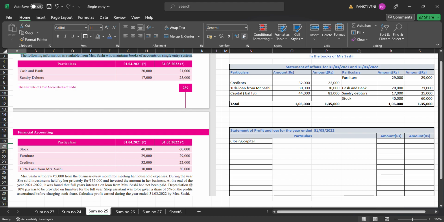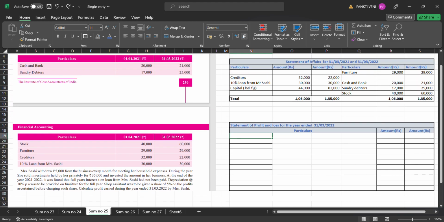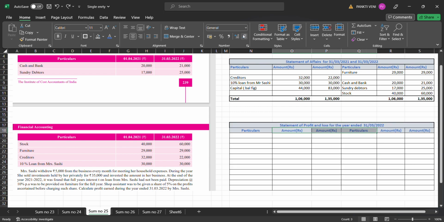In this sum, in our module they have prepared it in the form of accounts, P&L account. So I'll go for that.